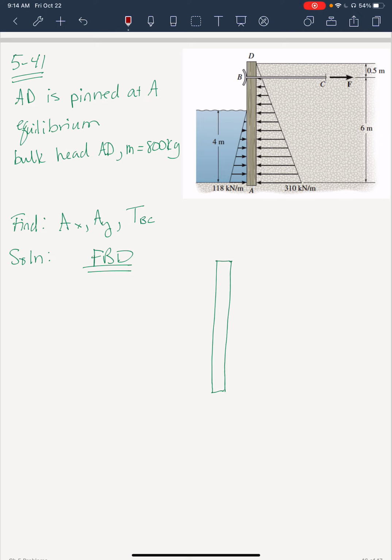The one from the water is going to be from this direction, and that force is 118 kilonewtons per meter times 4 meters times 1/2, because it's that area. If we multiply that out, that comes to 236.